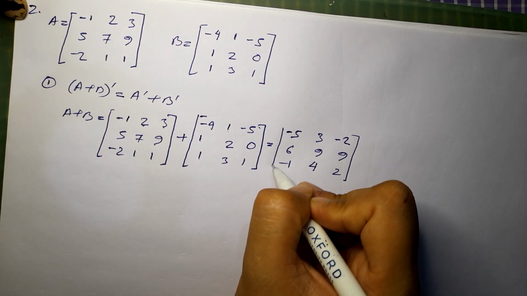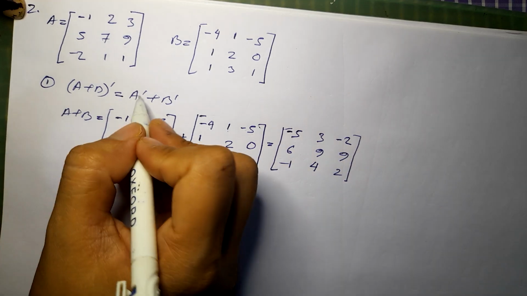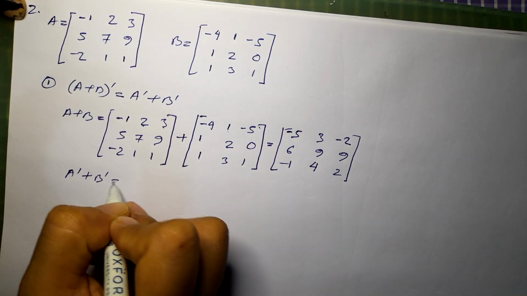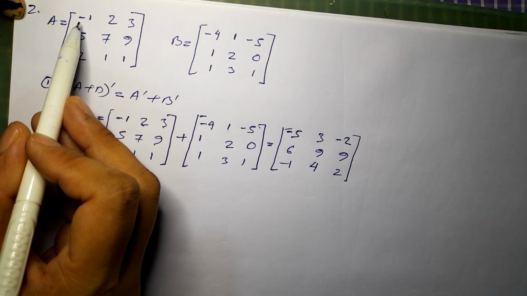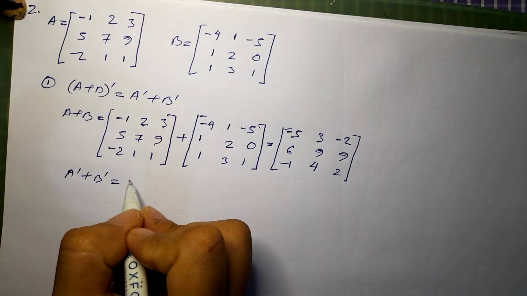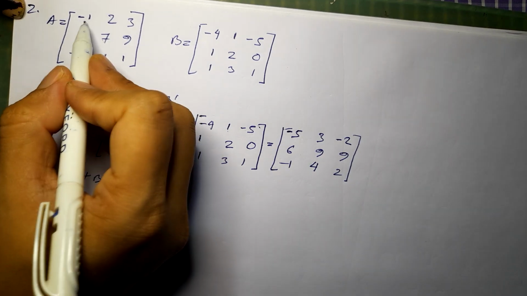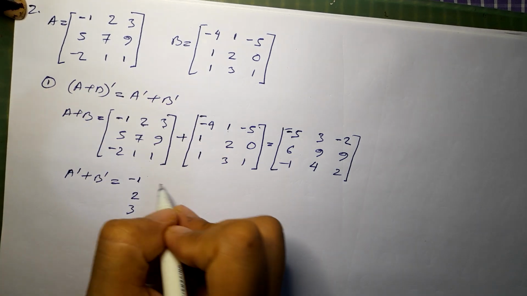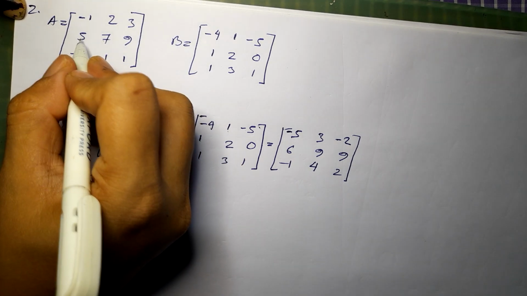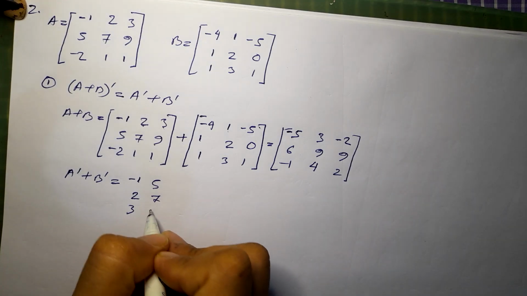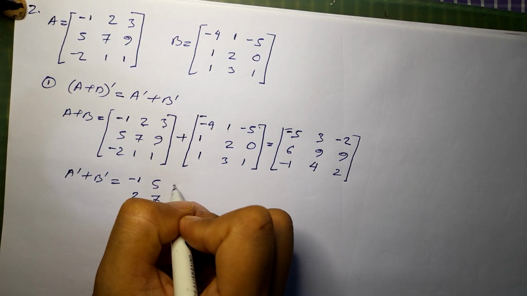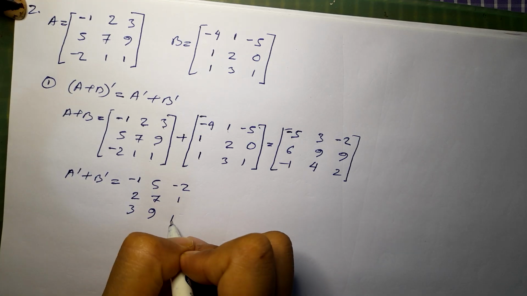Now this one we got. Now let's go for A transpose plus B transpose. A transpose: make the rows columns. So -1 2 3, second row 5 7 9, and -2 1 1.